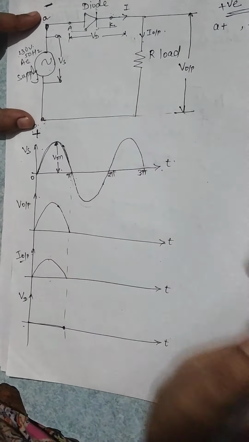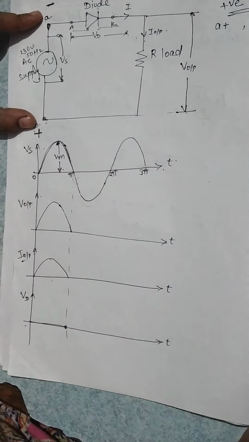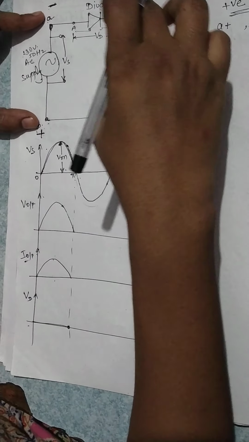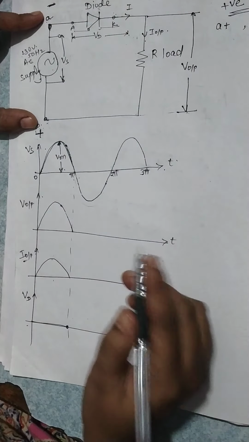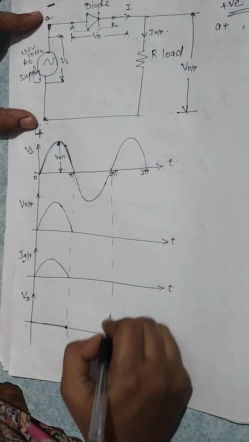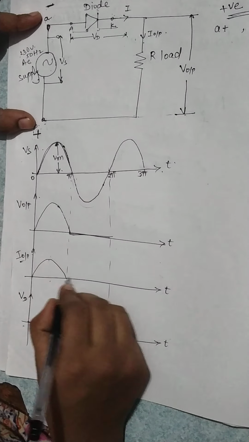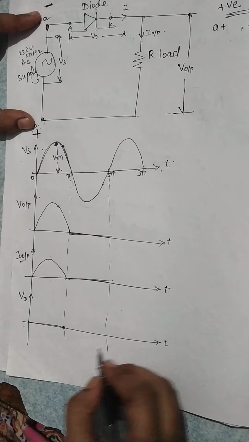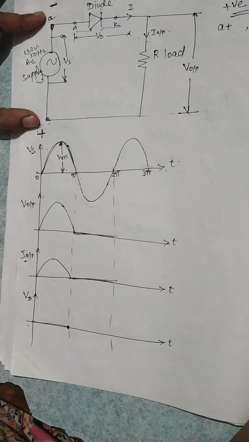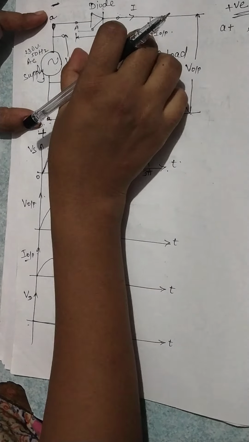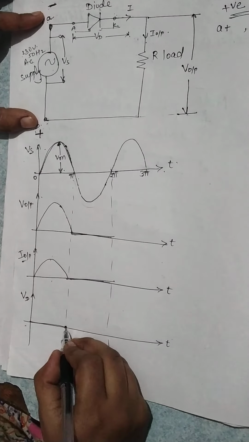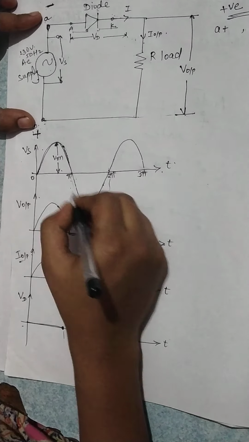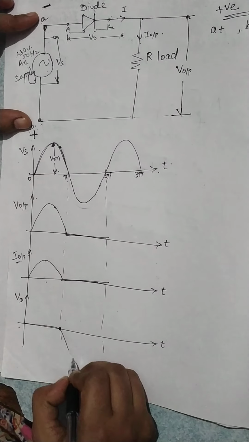As diode works as an open switch, current is not passing through the load. Voltage is not across the load. So voltage is 0, current is 0. And what about the diode voltage? Diode voltage is exactly same as the supply voltage. See this one.